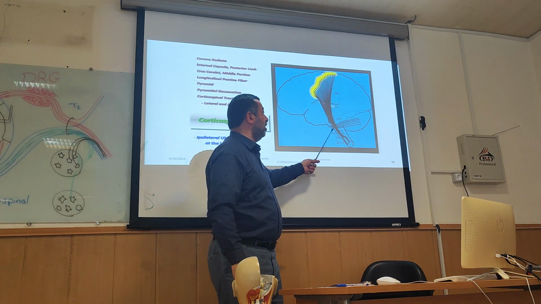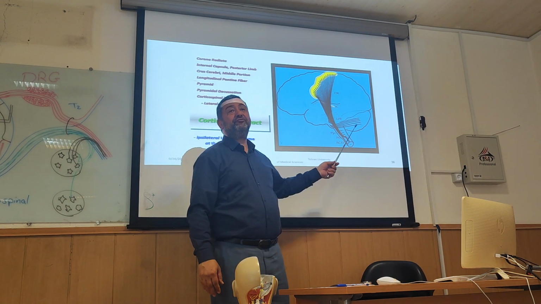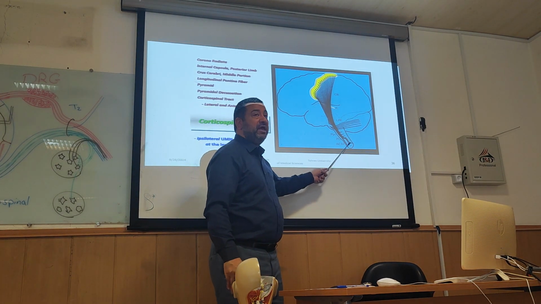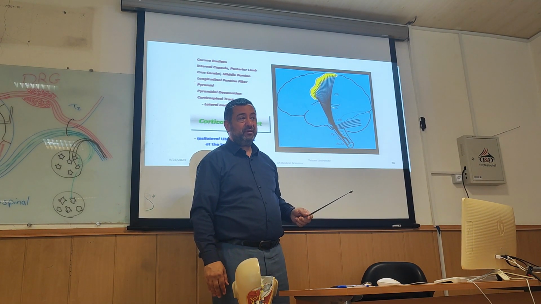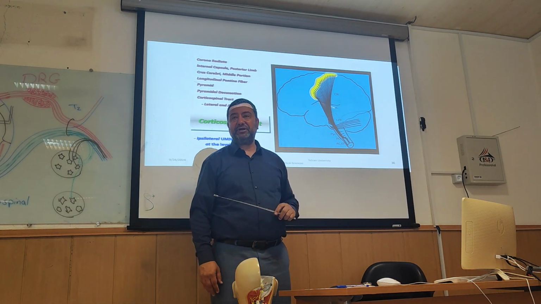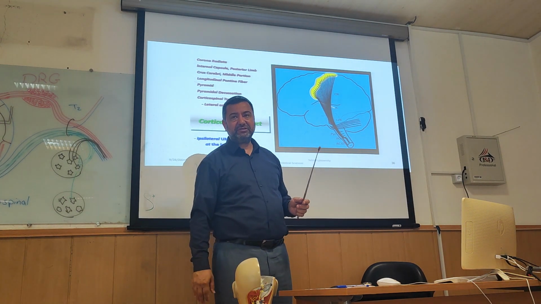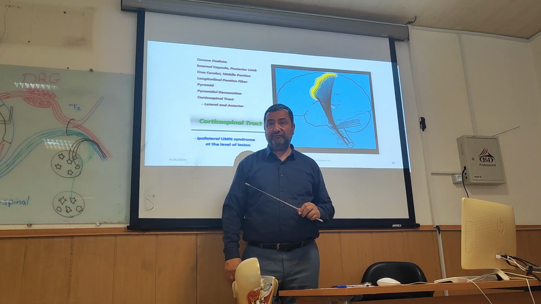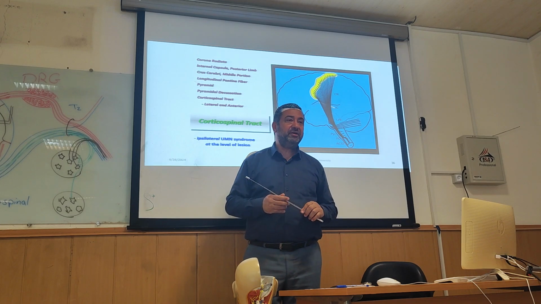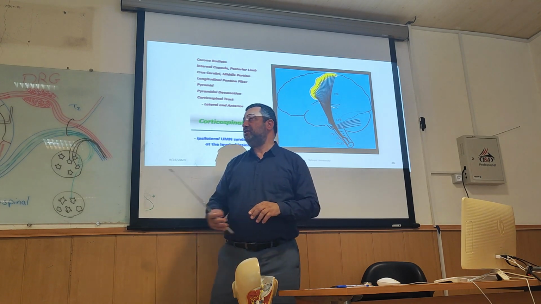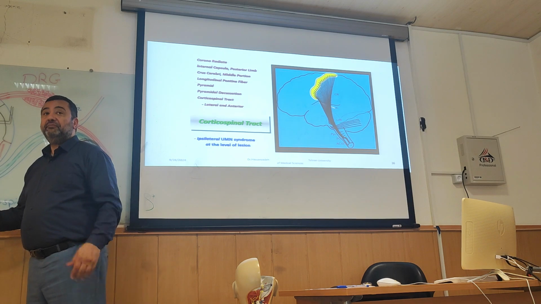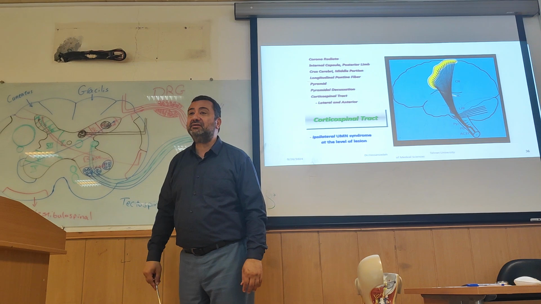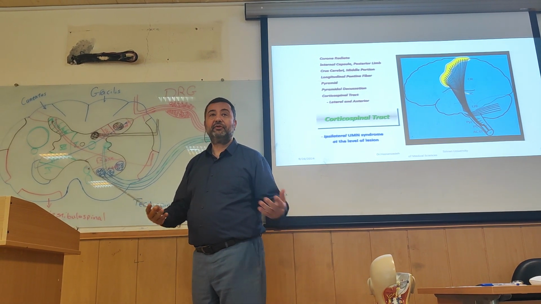In the inferior part of the medulla oblongata, 75 to 80% of corticospinal tract fibers cross and make the lateral corticospinal tract, and 20 to 25% of these fibers, without crossing, enter the anterior funiculus and make the anterior corticospinal tract. But the anterior corticospinal tract, before entering the gray matter of the spinal cord, makes a crossing.